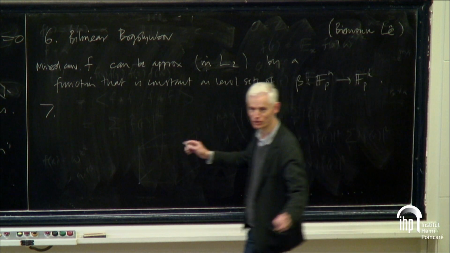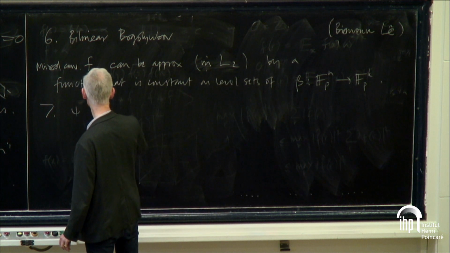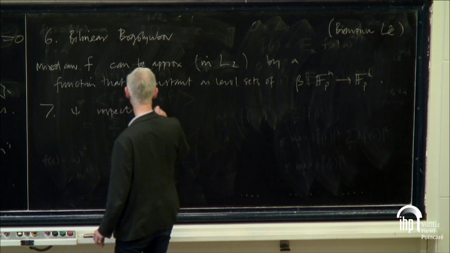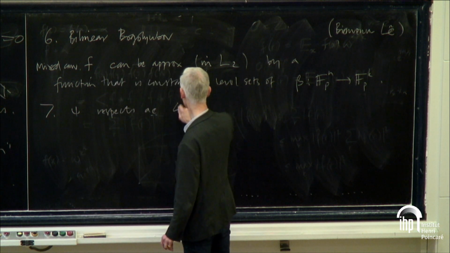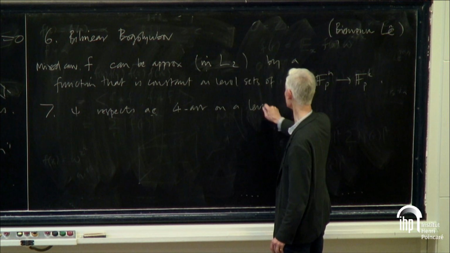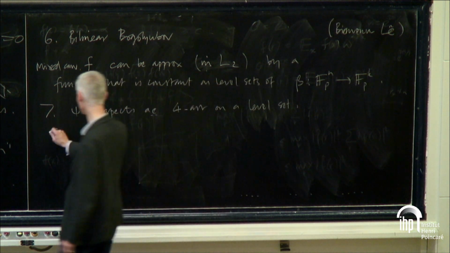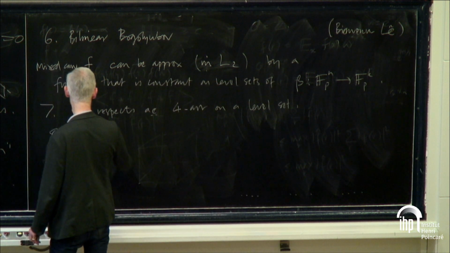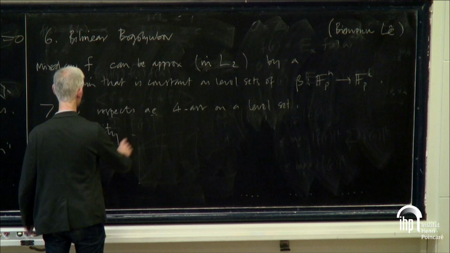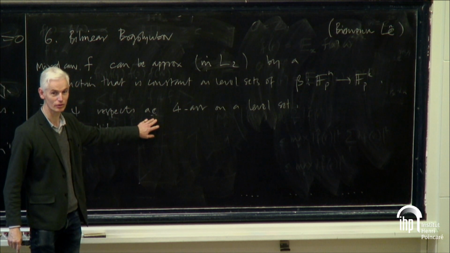By all sorts of averaging, we get that psi respects almost all Fourier arrangements on a level set, on just one level set. And then there's a stability theorem that says that psi can be approximated by something where this almost all turns into all.